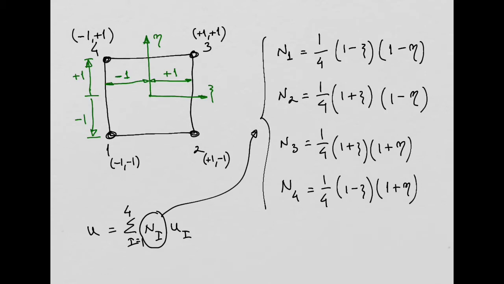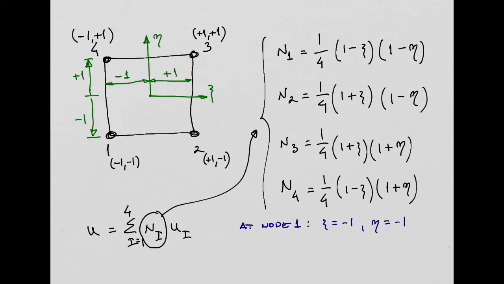So these shape functions were defined with some important properties. For example, imagine you want to interpolate at point 1. Okay, so you know that at node 1 you have the coordinates xi equal to minus 1 and eta equal to minus 1.